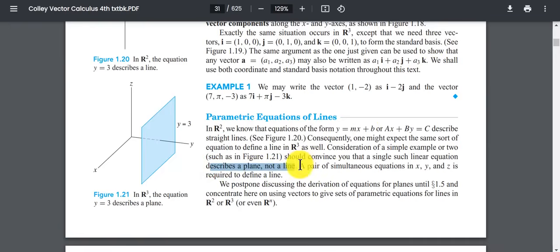And then she says a pair of simultaneous equations in x, y, and z is required to define a line.